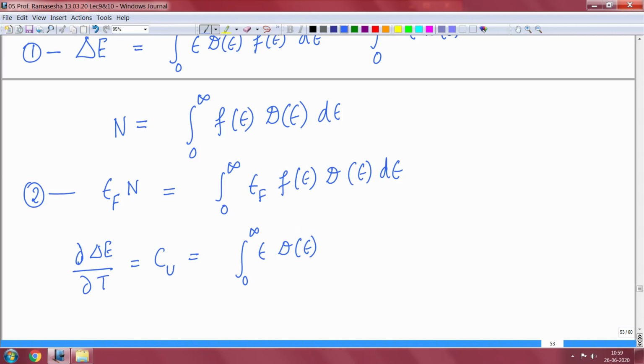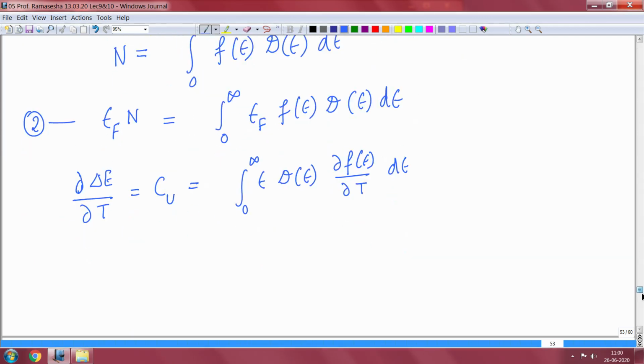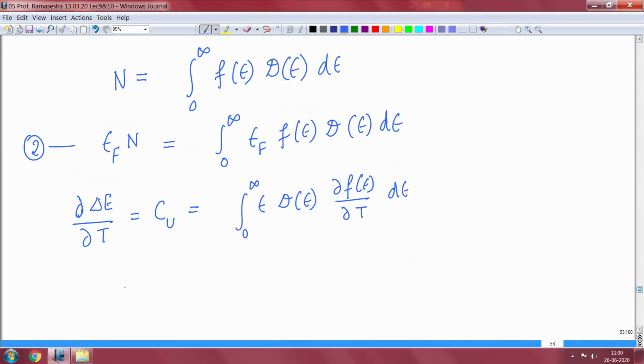The only thing that depends upon the temperature here is f of E. If I differentiate the second expression, there are no temperature dependent factors at all, so that goes to 0 as well.